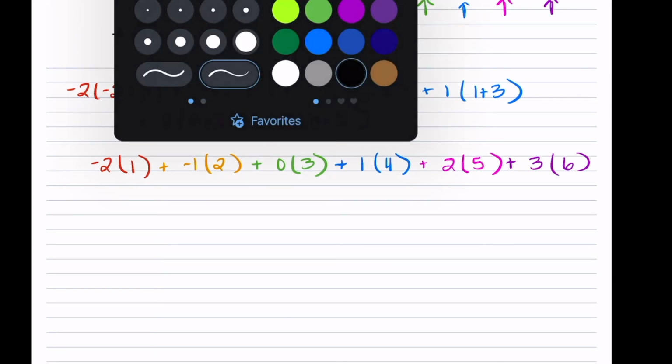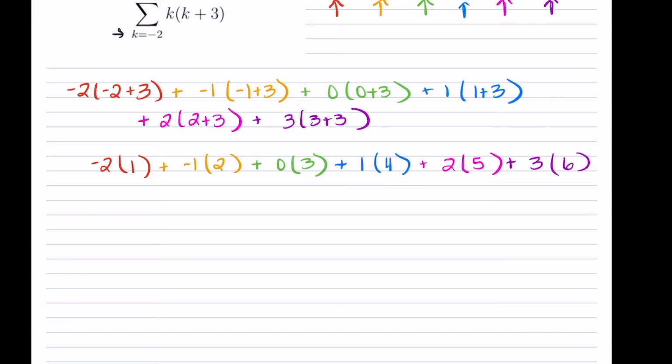Alright, now we'll put this in the simplest forms. We got -2 times 1, -2. We got -1 times 2 is -2, sorry. Put that in parentheses so we know it's negative. Or you can switch that into a subtraction sign. Plus 0 times 3 is 0.